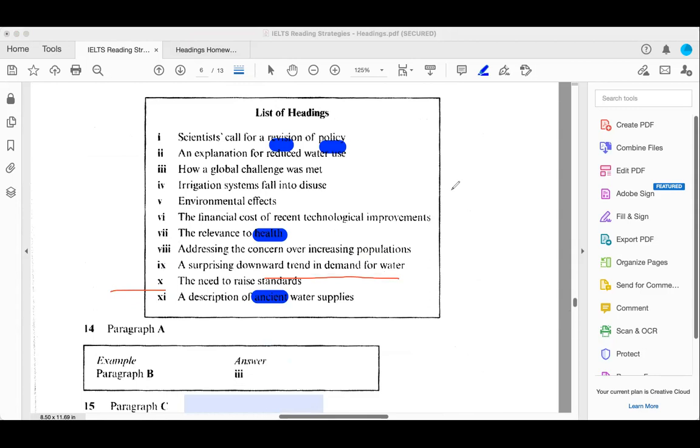Which one is the right one? Surprising downward trend. So demand for water is not rising. It's pretty much the same thing. Demand for water, downward trend, is not rising. Does it make sense, guys? Yes. All right, and then we carry on.